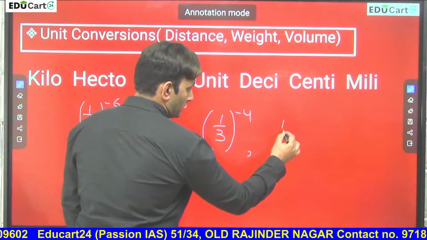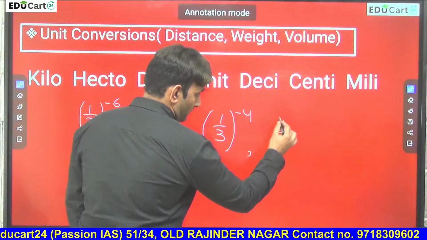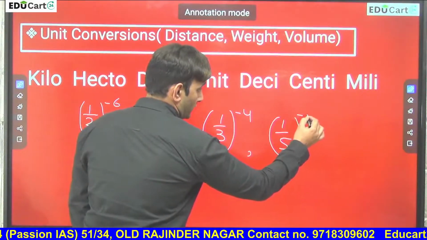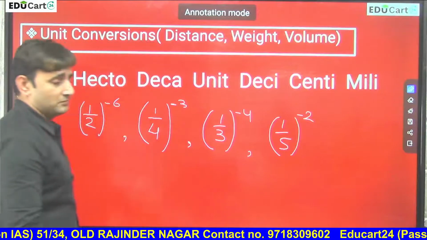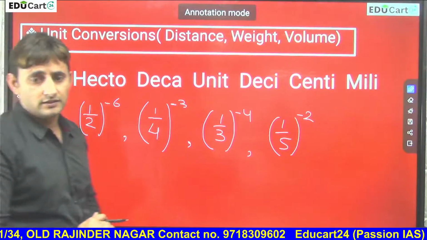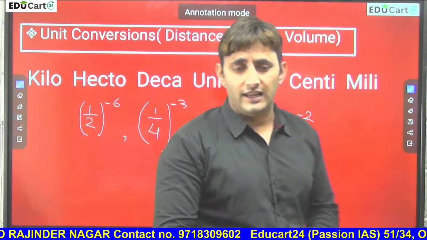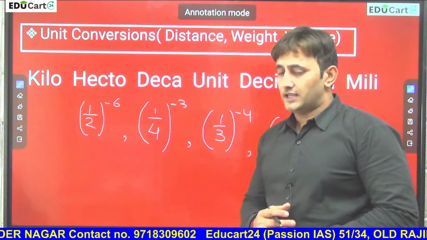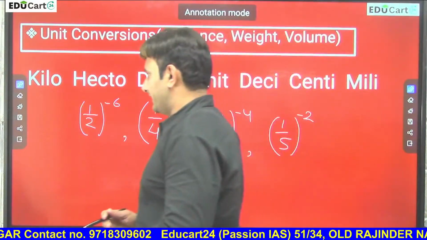And 1 by 5 to the power minus 2. Which one of these is the largest number? This was the question asked this year. You have to find the largest of these numbers. Quickly attempt this question.